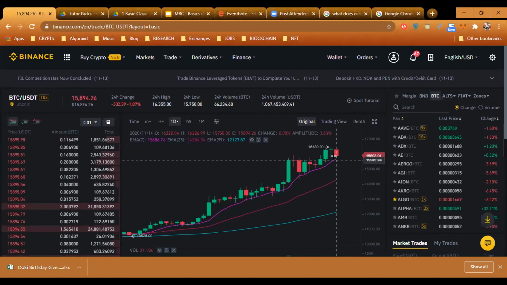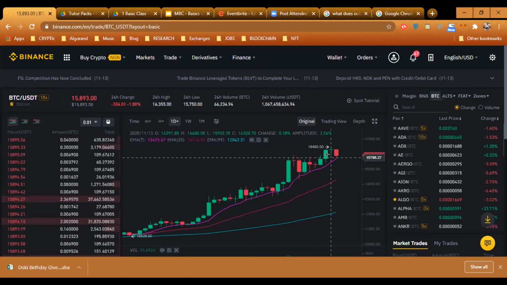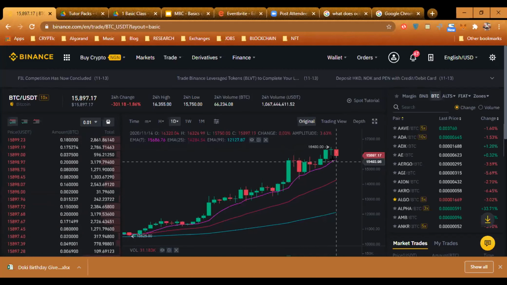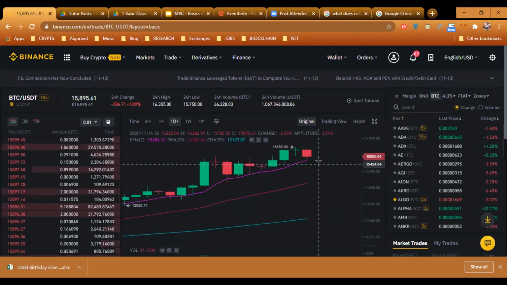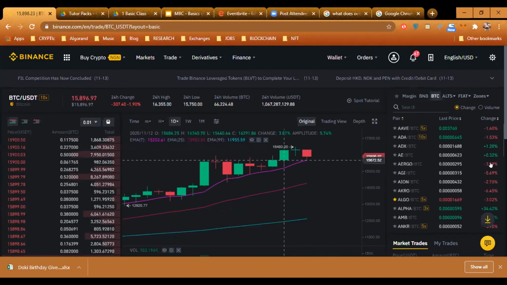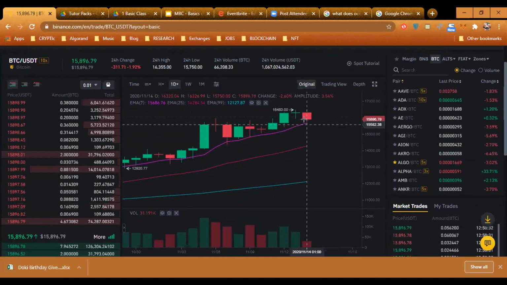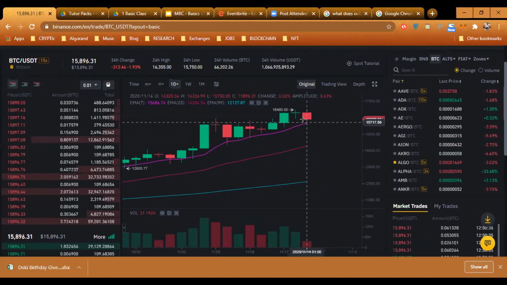Here we can see that this small ticker here. Okay, so I've zoomed in. This small ticker here shows that Bitcoin started today at 15,717, right?